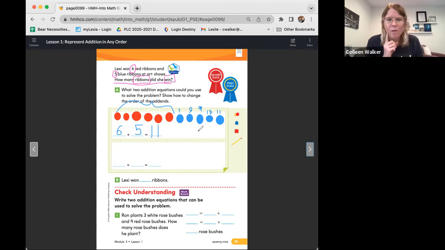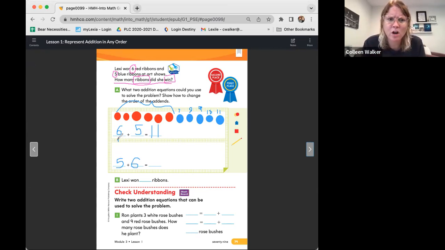Now, this problem is asking us to change the order of the addends. So that means instead of starting with 6, we need to start with what? If you said 5, that's correct. So we are going to change the order of the addends. What are addends? The numbers that we're adding together in an addition problem.